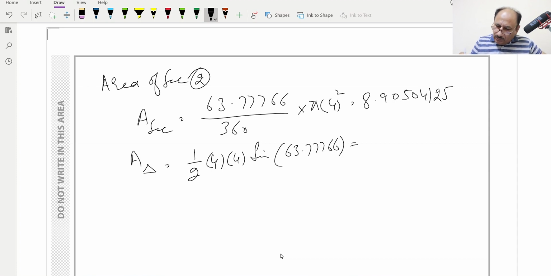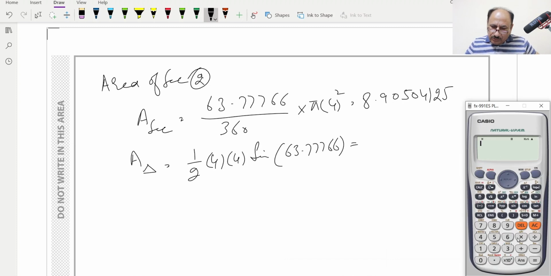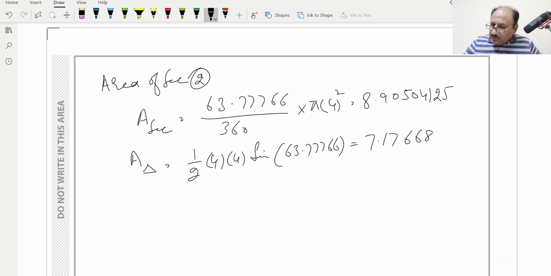So this will be equal to 0.5 into 4 into 4, which is 16, into sine of 63.77766, and this is equal to 7.176689244.